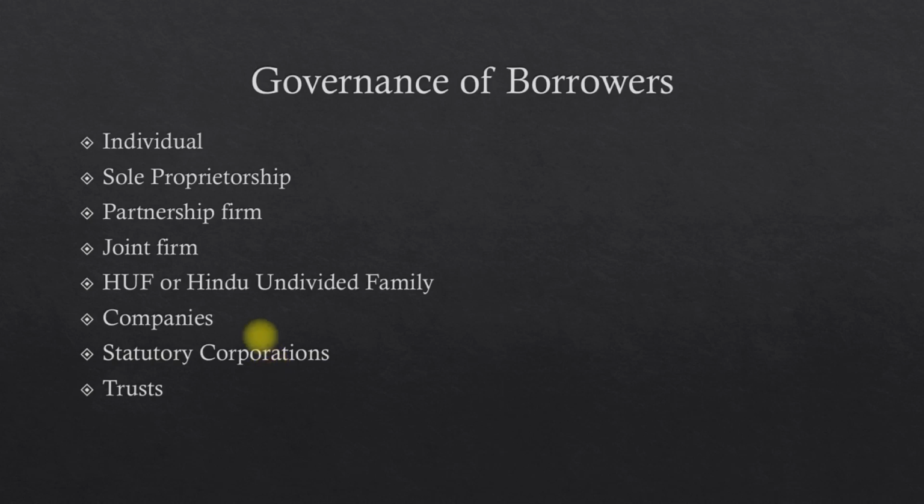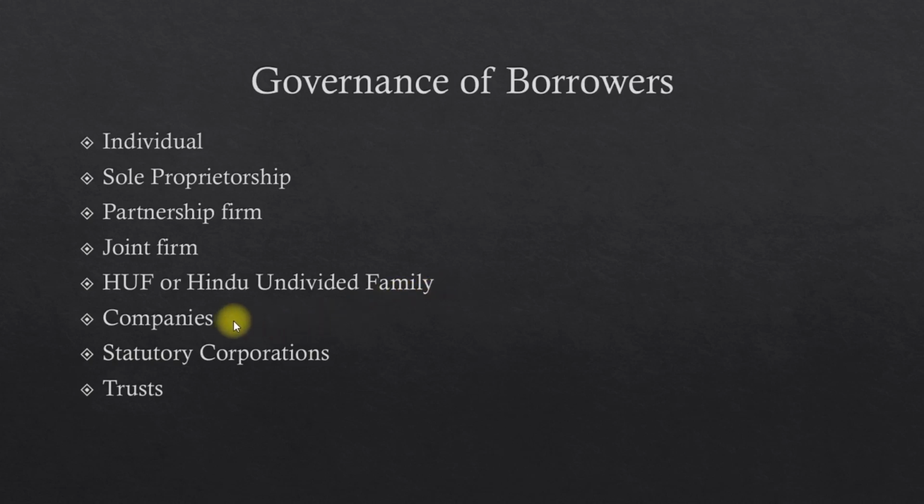So for individual, it may be governed by Indian Contract Act. Sole proprietorship. It will be a firm with borrowing capabilities. Partnership firm. It is governed by Indian Partnership Act. Joint firm is there. Hindu undivided family is by customary laws pertaining to Hindus.